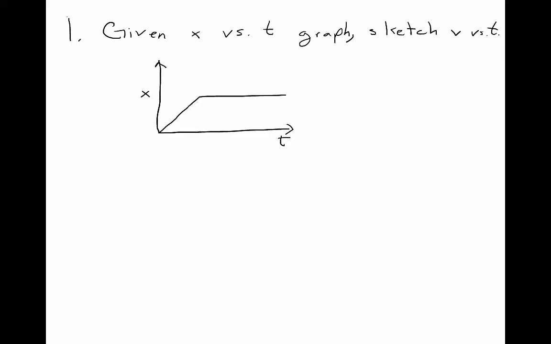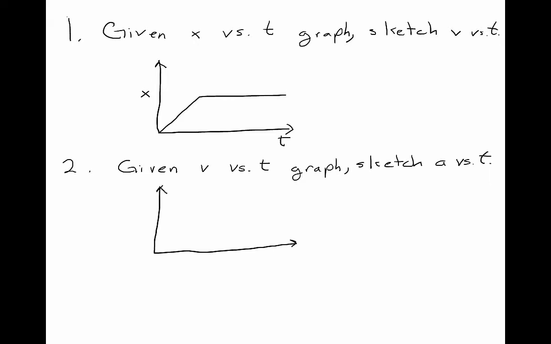Alright, so given this position versus time graph, sketch your velocity versus time graph. Alright, and for the second question, I'm going to give you the velocity versus time graph. I want you to sketch the acceleration versus time graph. So here's your velocity versus time axis. Alright, let's say your velocity looks like this.